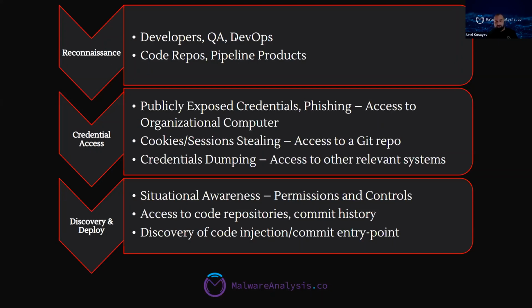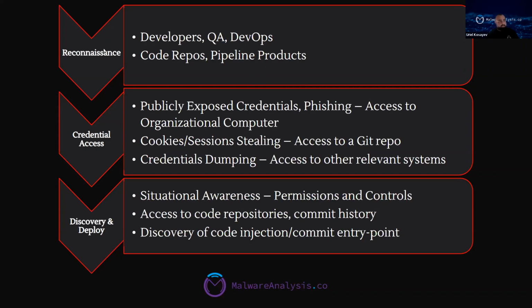You can try to guess their passwords. For example, I found a GitLab or GitHub instance. Now I can target developers, QA, DevOps, or whatever. Maybe I can download a public GitHub or Bitbucket repository and do a Git leaks search to find secrets or passwords, and pipeline products, of course.